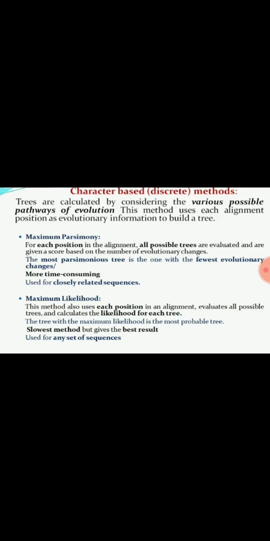Each alignment position can be used as evolutionary information to build a particular tree. Two types are there: the maximum parsimony method and the maximum likelihood method.